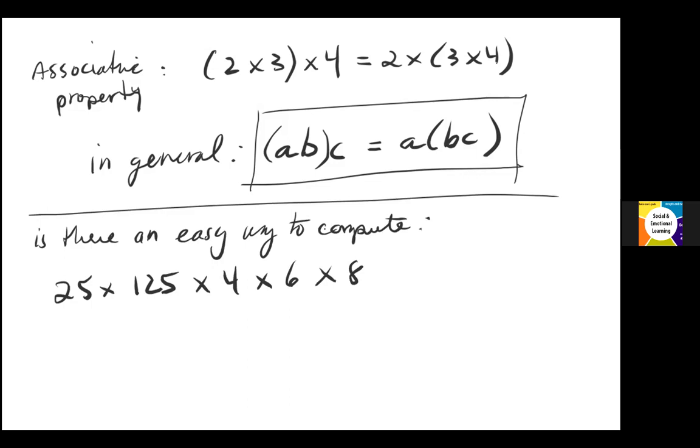If we were to have this long string of numbers, maybe it's not that long, and we were told to multiply these together, could we use the commutative and the associative properties to simplify this? To simplify the order in which we do this. Oh, there's some pairs here that might be easier to multiply together.